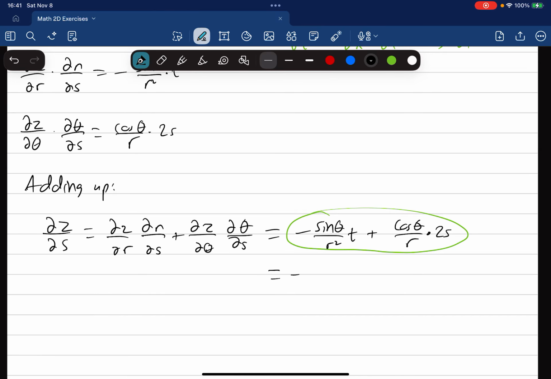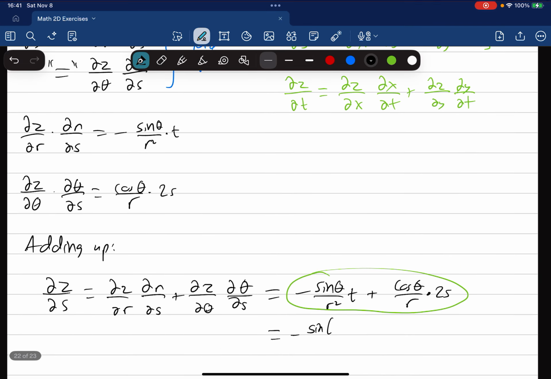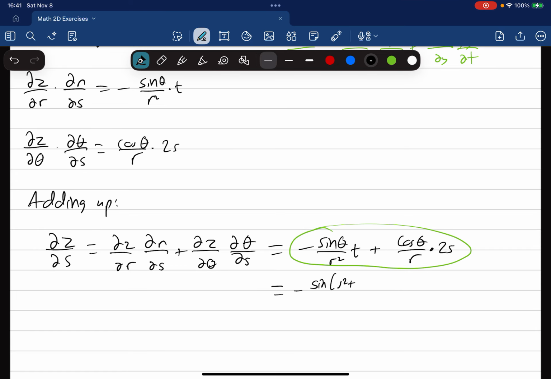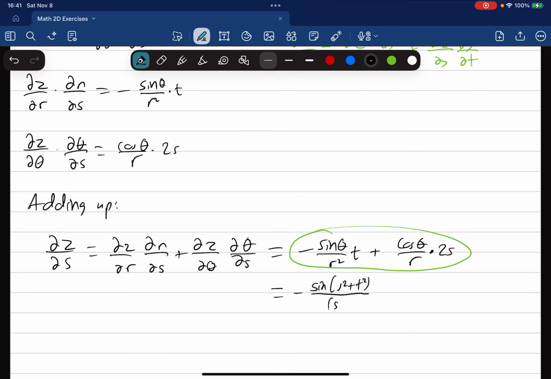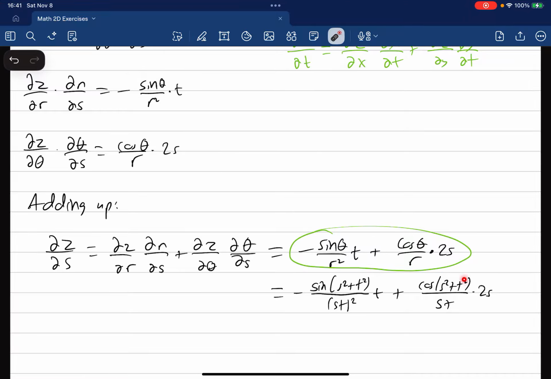So this would be negative sine of s squared plus t squared all over st times t, plus cosine s squared plus t squared all over st times 2s. But I should emphasize to my students that WebAssign will likely be okay with just leaving the answer in terms of theta and r.